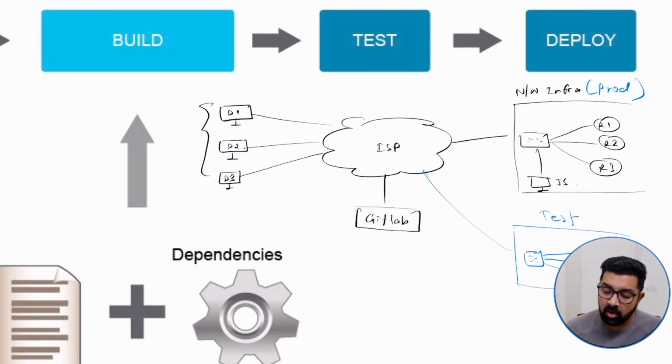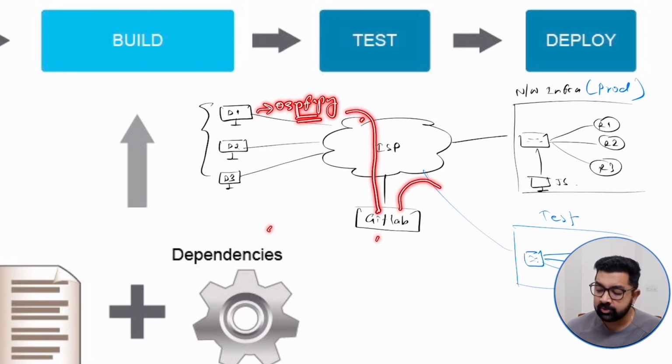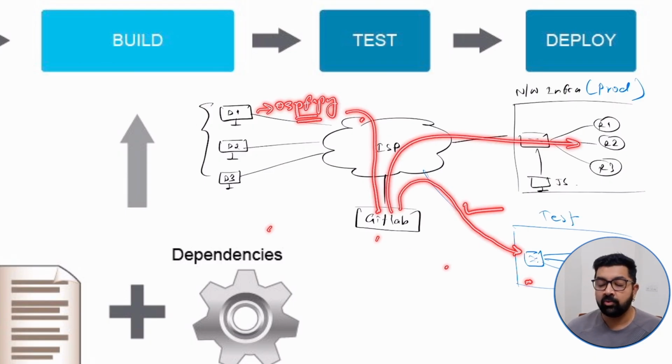Now, what you want is the script that you created, ospf.py, that first needs to be given to GitLab. GitLab should execute that script first on the test network. If it passes, then only it should be executed on the production environment.